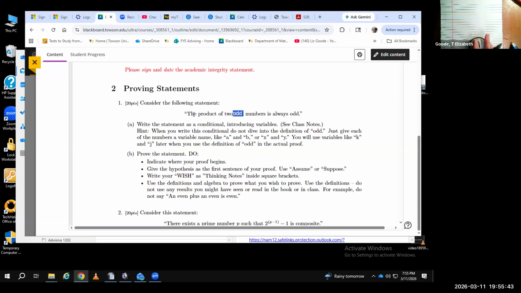And that's going to be your key to figuring out how to write a universal statement in if-then form, as a conditional. If you just realize that if we make the condition to be so that we're forcing the numbers to live in this domain of odds, then the result will follow.